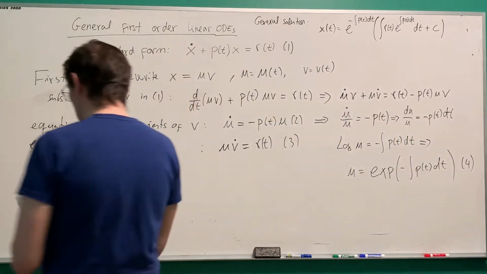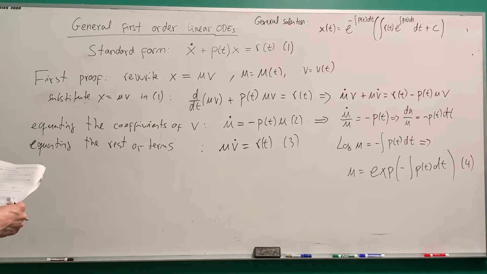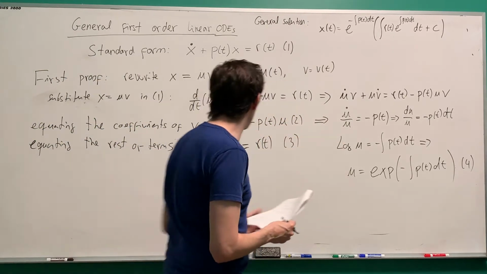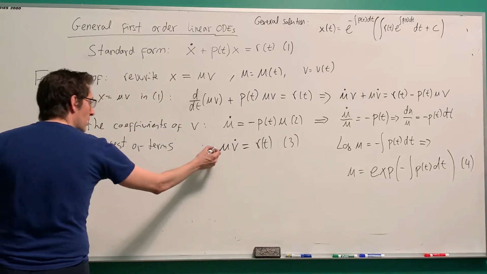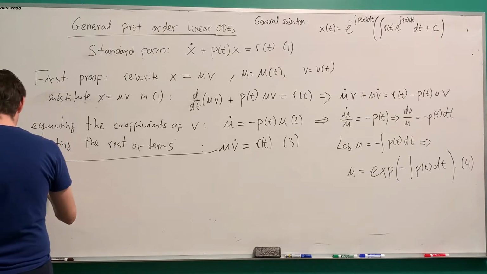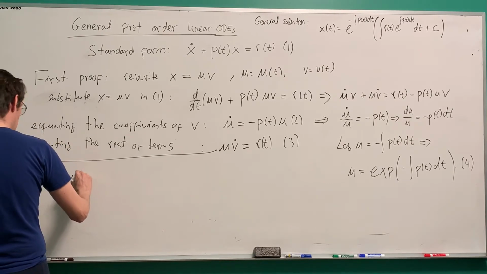All right. Nice. Now, equation 3 can also be integrated. Let's do it here. Equation 3, we have u v dot equals r of t, right?